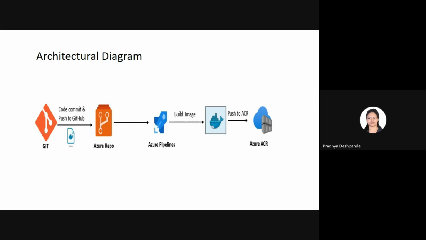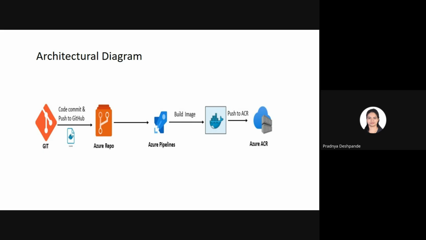Azure DevOps is again a suite of services with the DevOps practices provided by Azure. From Azure DevOps, we will be using two major services, that is Azure Repos and Azure Pipelines. Along with these, the platform provides a few other services like Artifacts and Test Plans. But as part of this demonstration, we will be focusing on these two services.